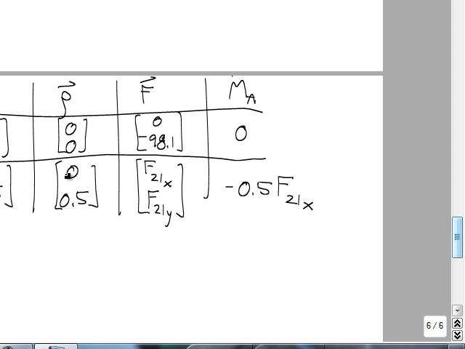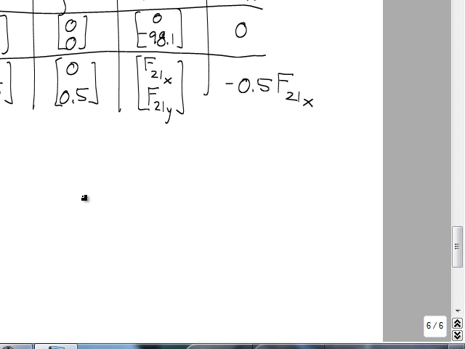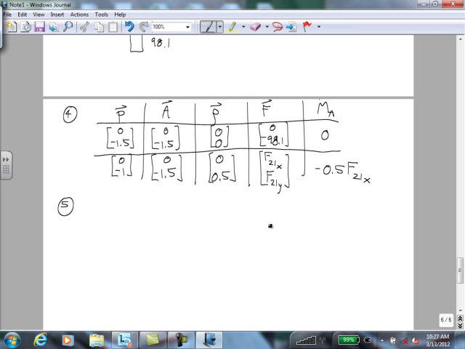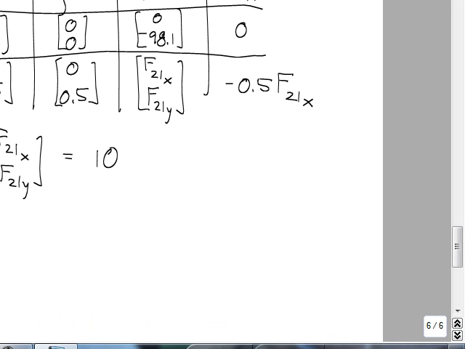For this one, do we need step 5, Newton's second law? Yeah. So we have 0, negative 98.1 plus F21x, F21y is equal to the mass times the acceleration of the center of mass, x and y.